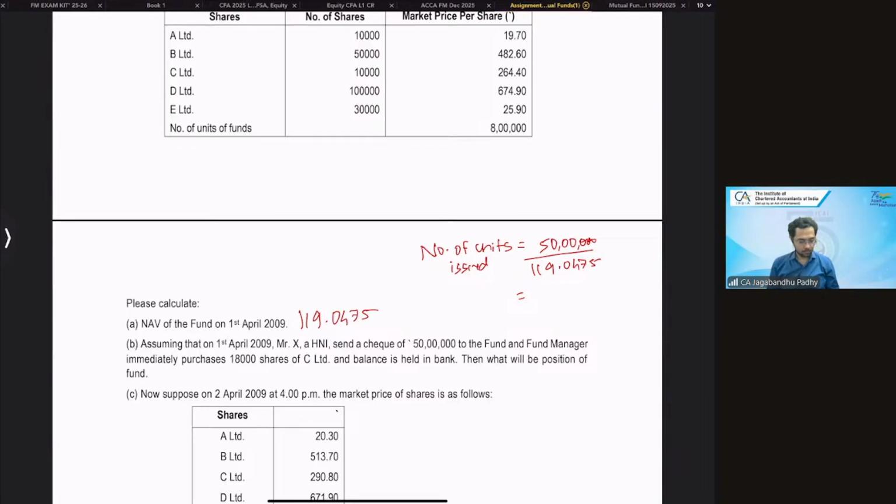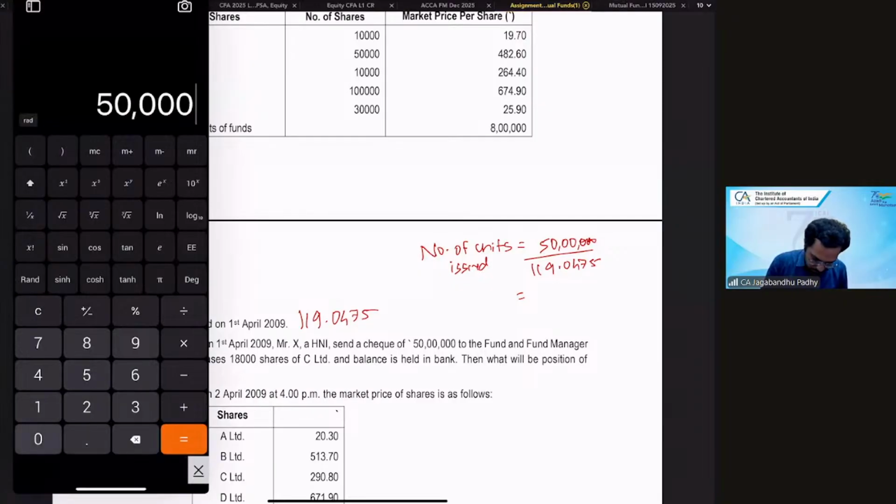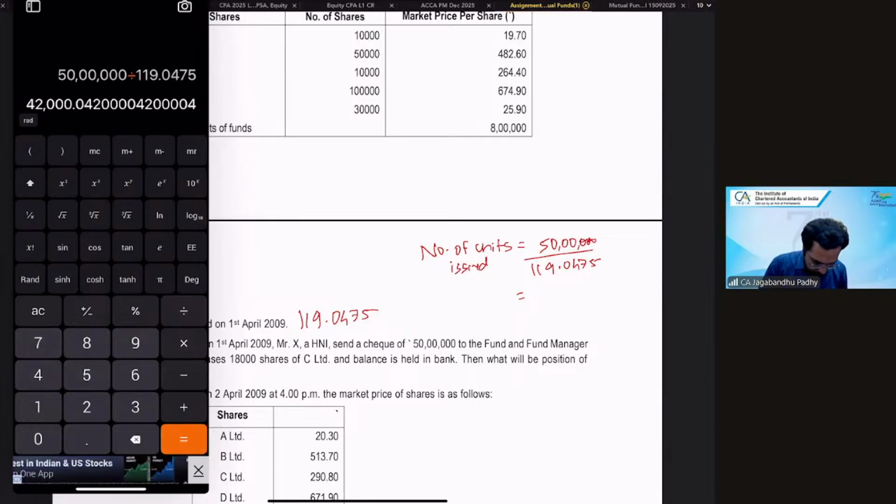Okay, 42,000.04. Now, second, so 4,20,000 units will be 42,000.